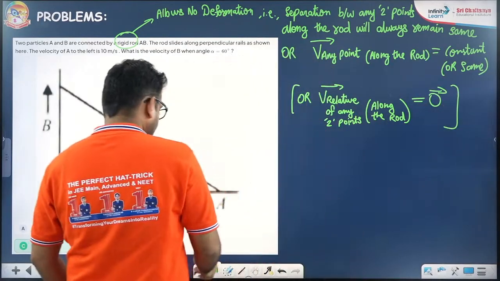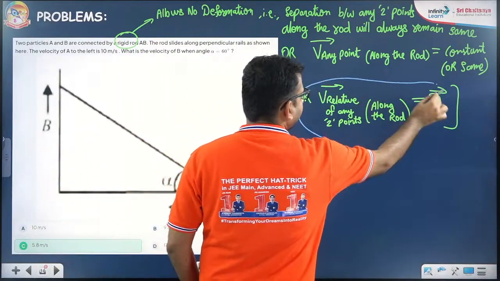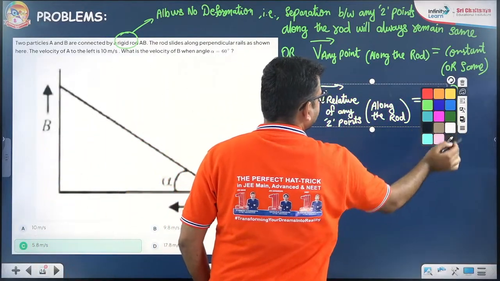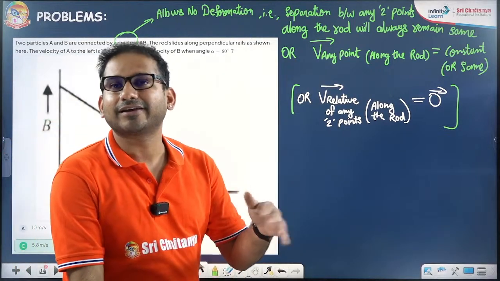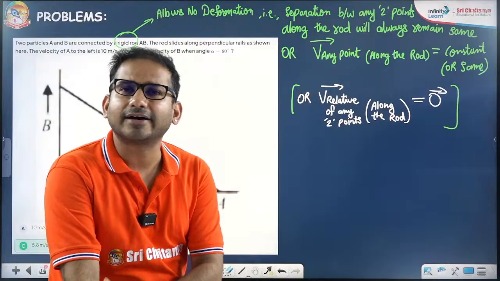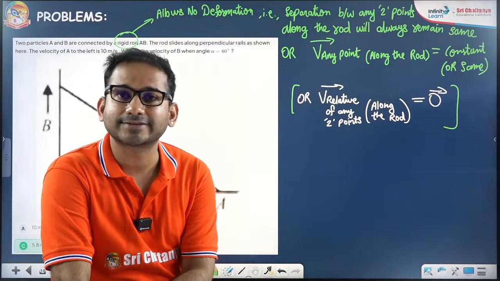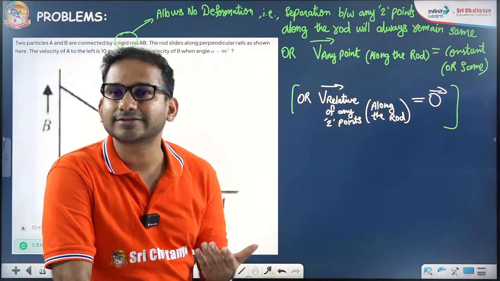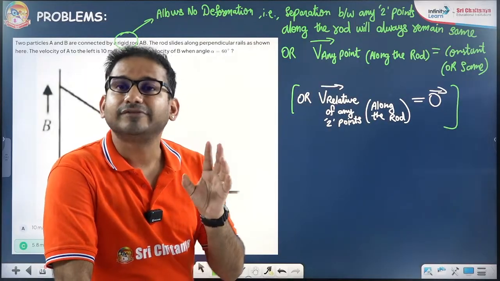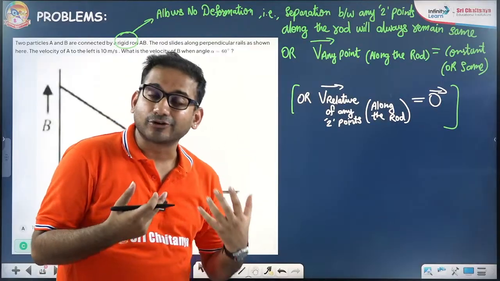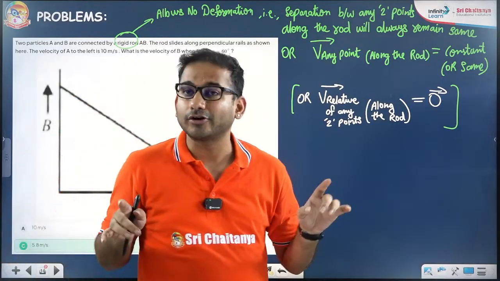So today onwards, you will remember it this way: rigid body dynamics majorly comes in our later chapters in center of mass, rotational motion and other topics. But right now, the significance of dealing with a rigid body is that it doesn't allow any deformation along the body, along the rod here in this case.